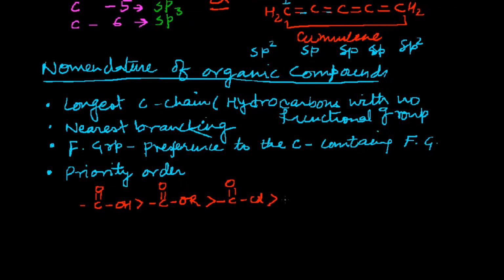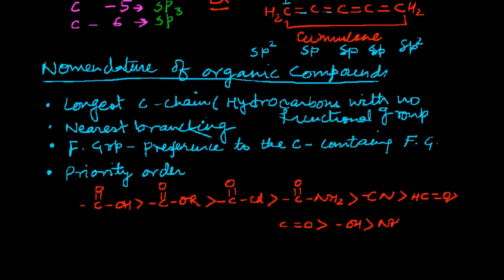Then we can write amides, that is CONH2. Then CN, called cyanides. Then aldehydes, HC double bond O. Then ketones, C double bond O. Then OH.